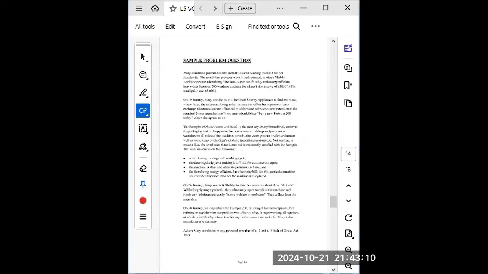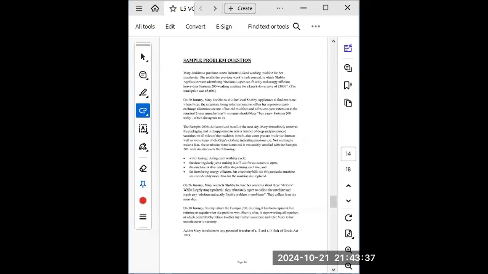Whilst largely unsympathetic, they reluctantly agree to collect the machine and repair any obvious and easily fixable problem or problems. They collect it the next day. On the 30th of January, Shabby returned the Fastspin 200, claiming it has been repaired, but refusing to explain what the problem was.